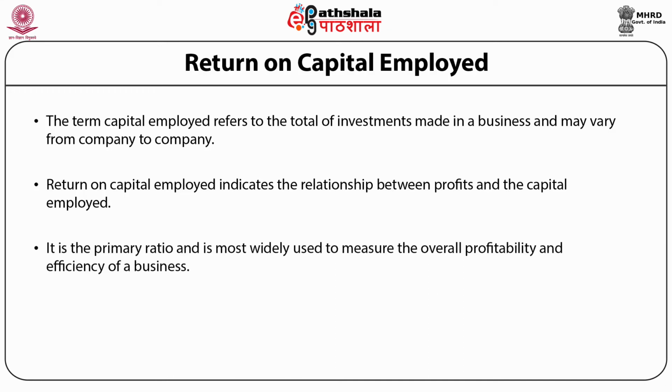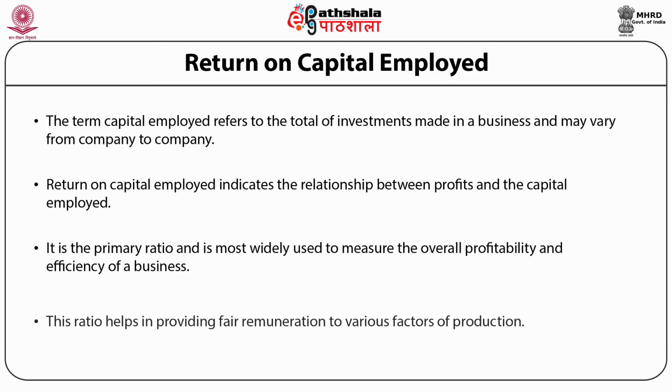It is the primary ratio and is most widely used to measure the overall profitability and efficiency of a business. This ratio helps in providing fair remuneration to various factors of production.